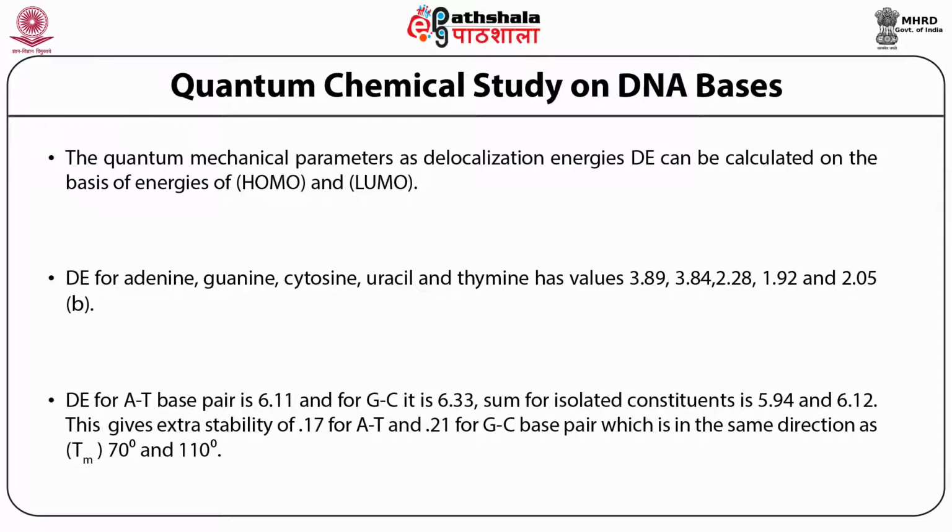The sum of isolated constituents was 5.94 and 6.12. This gives extra stability of 0.17 for AT and 0.21 for GC base pairs, which is in the same direction as the melting temperatures of AT and GC base pairs, which are 70 degrees and 110 degrees.